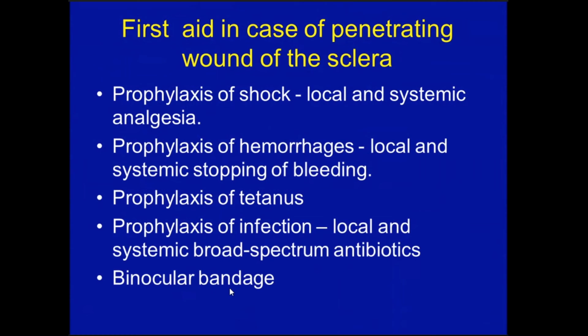The first aid in a case of penetrative wound of the sclera is the same as in a case of penetrating wound of the cornea, but we also should add medicine which helps us to prevent hemorrhages.